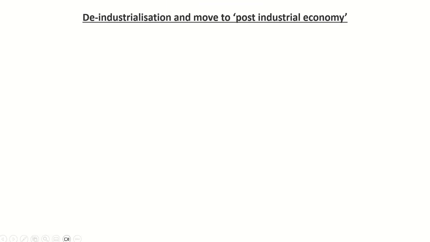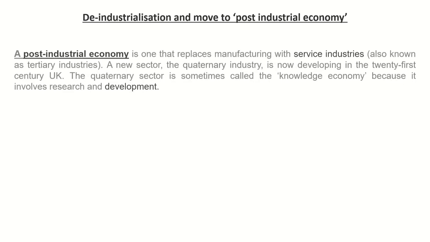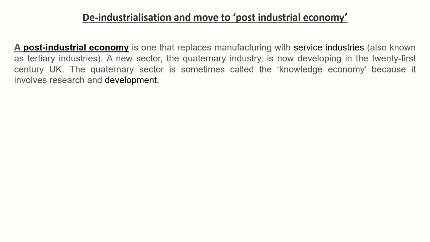Now, the next tricky topic is looking at deindustrialization and the move to the post industrial economy. Now, a post industrial economy is one that replaces manufacturing with service industries, also known as tertiary, plus the new knowledge economy, which is the quaternary industry.